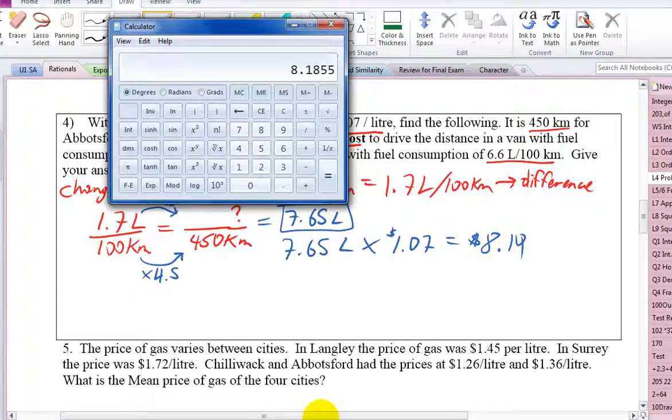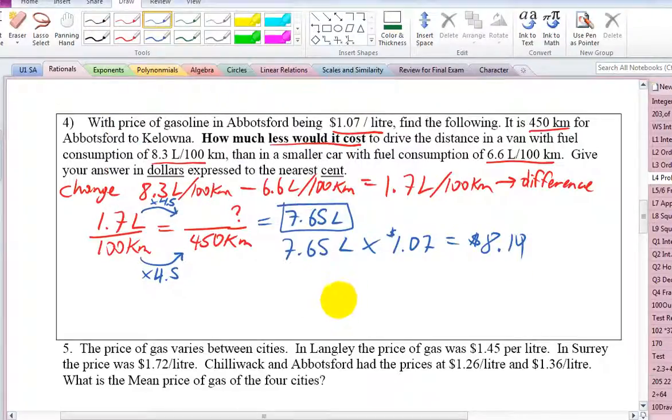Remember, money has how many decimals? 2. Where does the dollar sign go in English? In front. So it would be $8.19 cheaper to drive the smaller car.